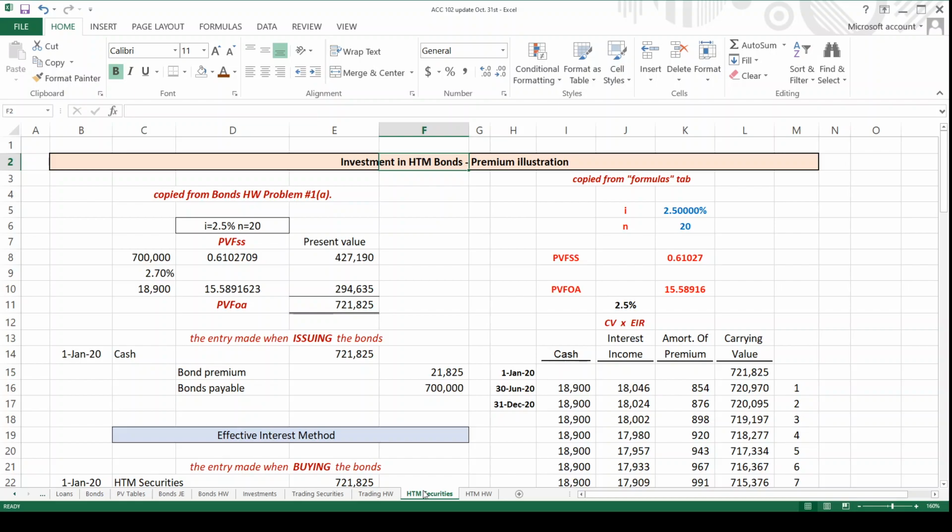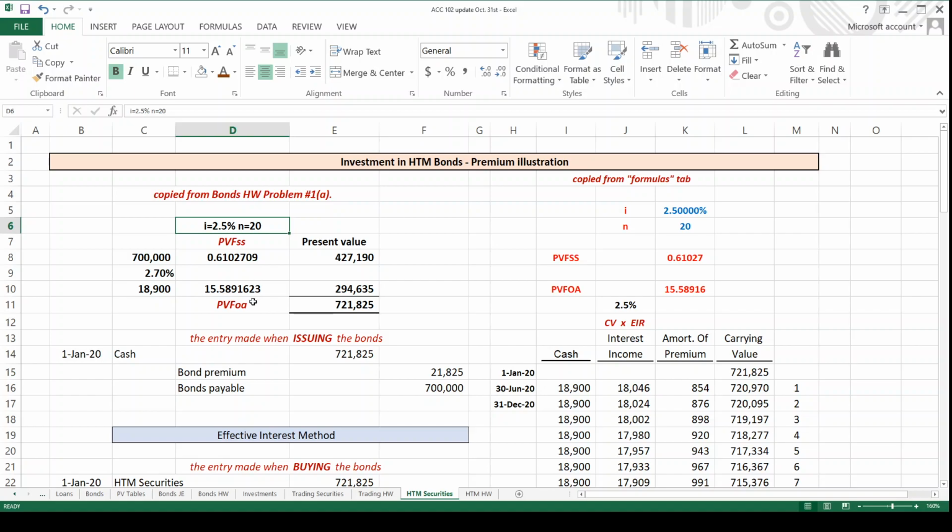And I stole some numbers from the bonds homework problem. This was letter A, where we calculated the issue price of the bonds under what circumstance? That the bond rate was 5.4%, which we cut in half to be 2.7, and the market effective or yield rate is 2.5 semi-annually, 5% annually.